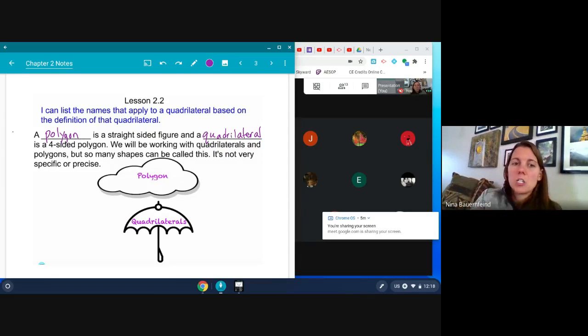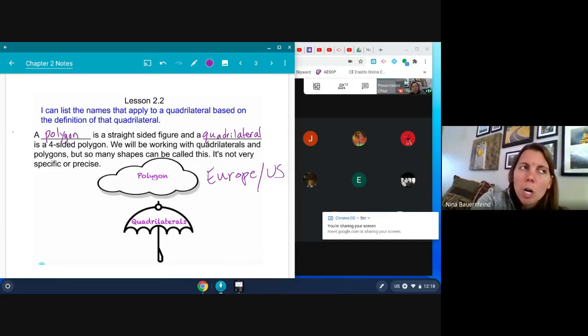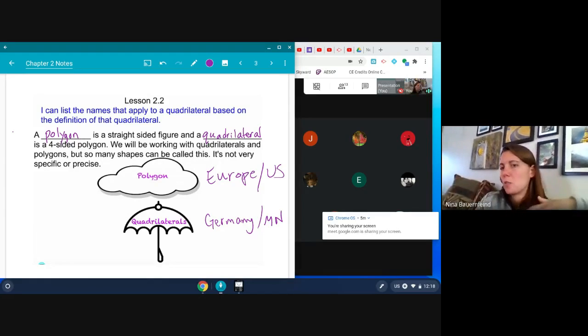Do you know what I mean? So that's kind of what we're looking at here: Europe or the US, and then the quadrilateral would be like Germany or Minnesota. It's a little more specific, but not very specific at all. There's a ton more detail you could get into.